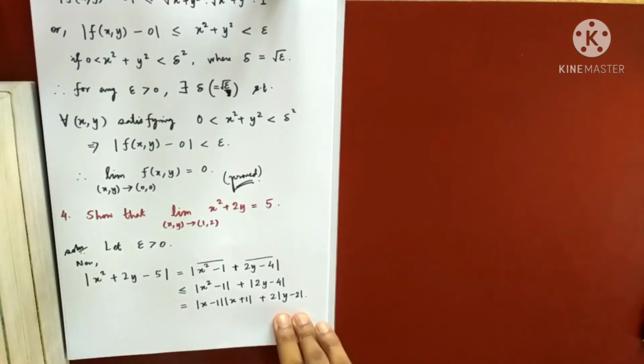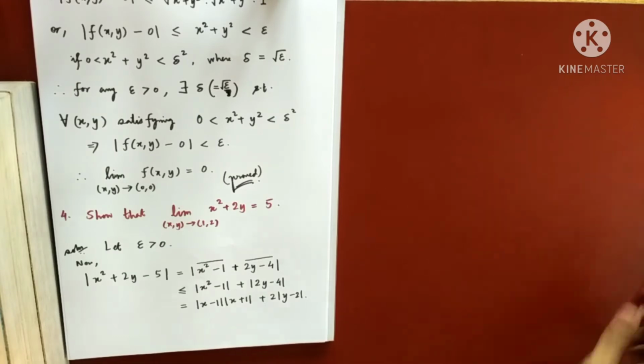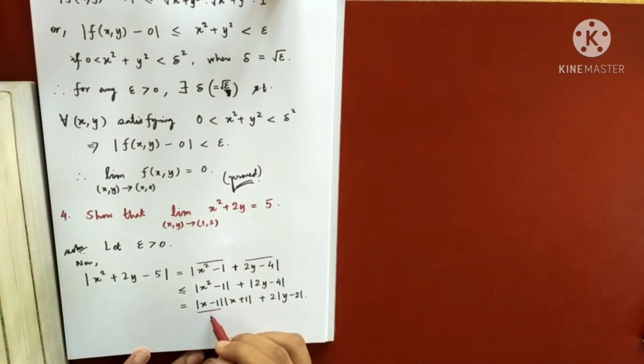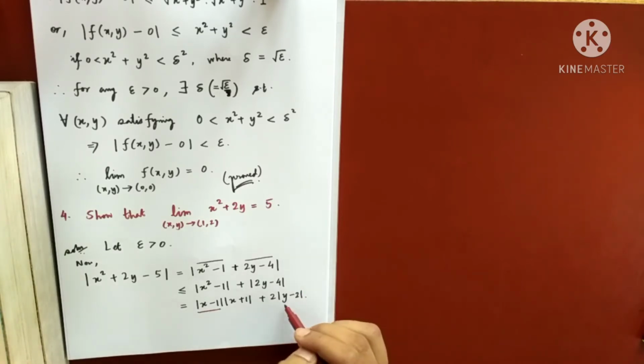So leave it up to here. First of all, let me tell you a few things, how to simplify this, or when this is less than epsilon. What I'll do, I'll consider this number to be less than delta, what delta is I will calculate, and also this number to be less than delta.